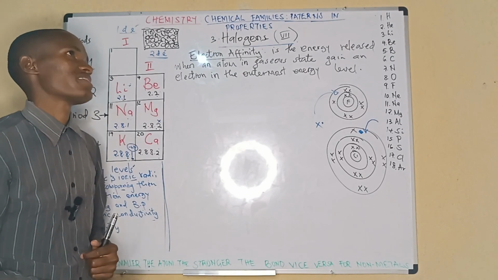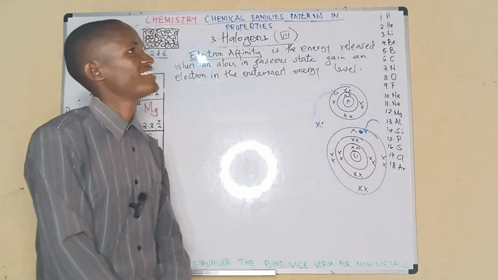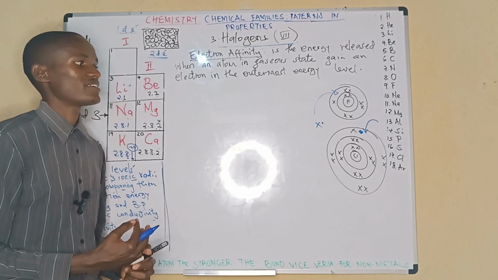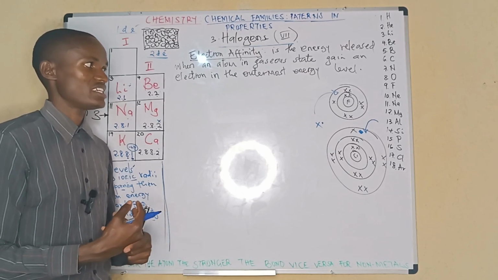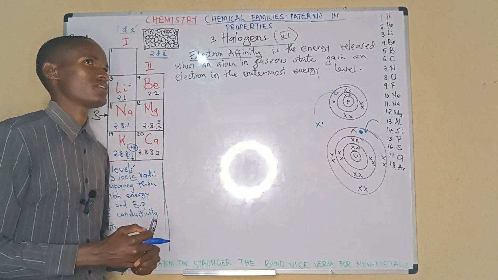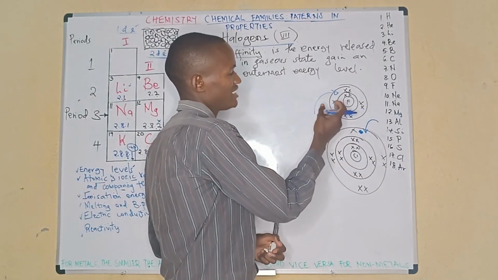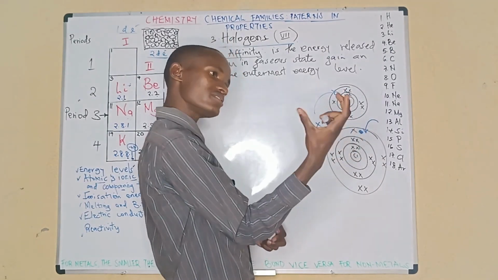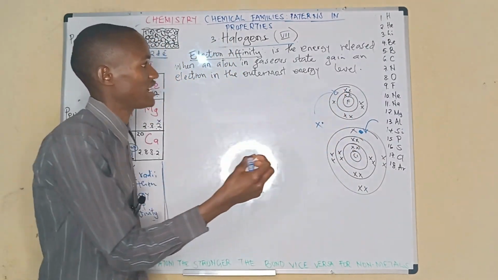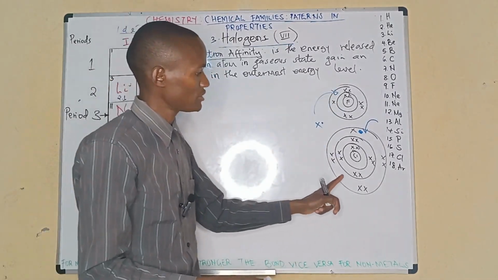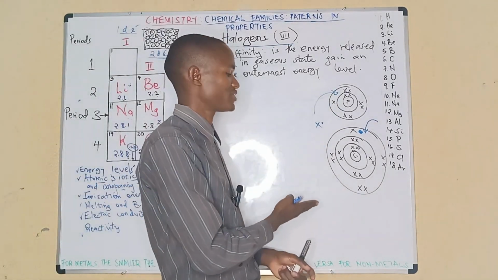So the question comes again, we are talking about electron affinity. Where will more energy be released? For fluorine to gain, it gains so easily because it is being pulled. We have a high nuclear attraction. But for chlorine, you have to force it in.